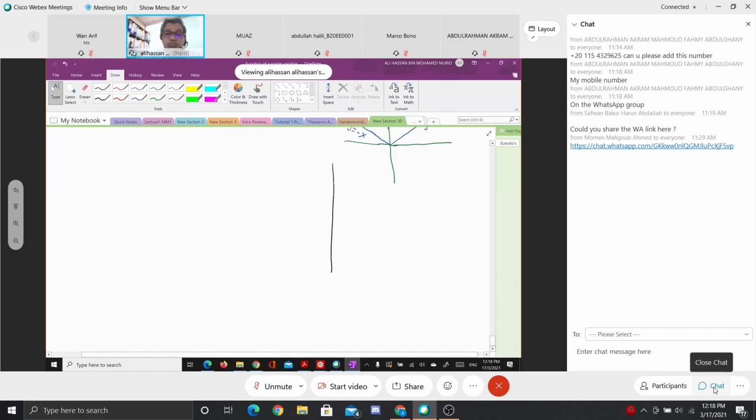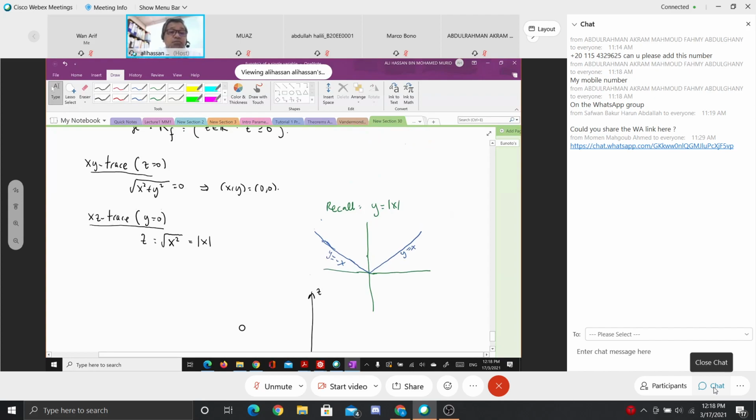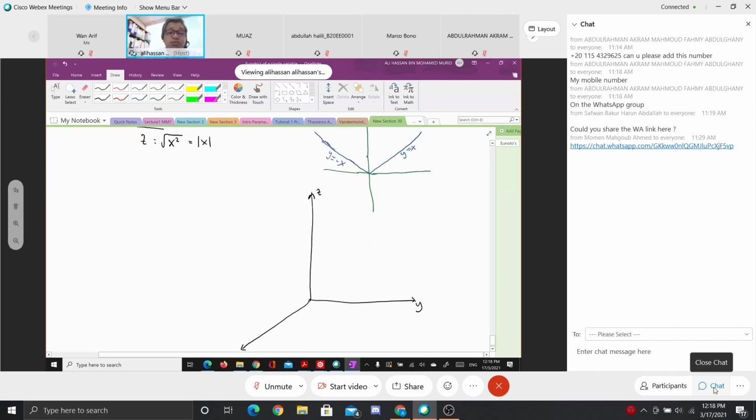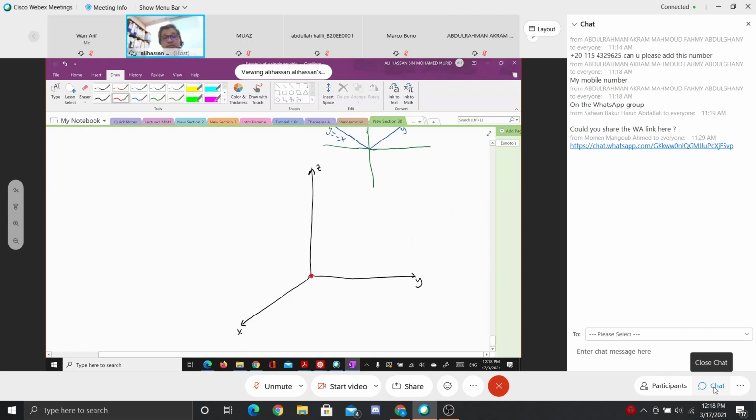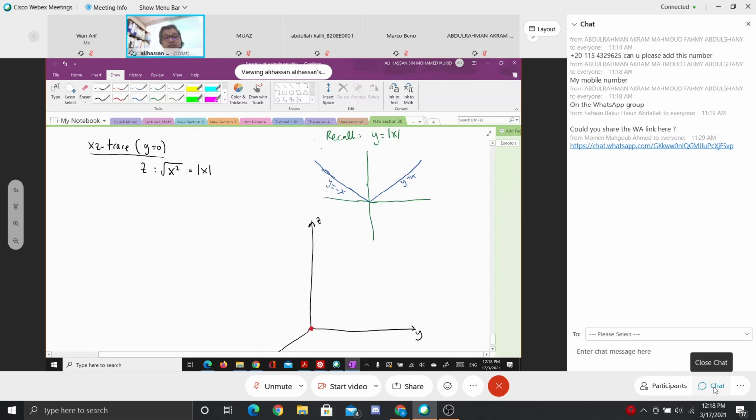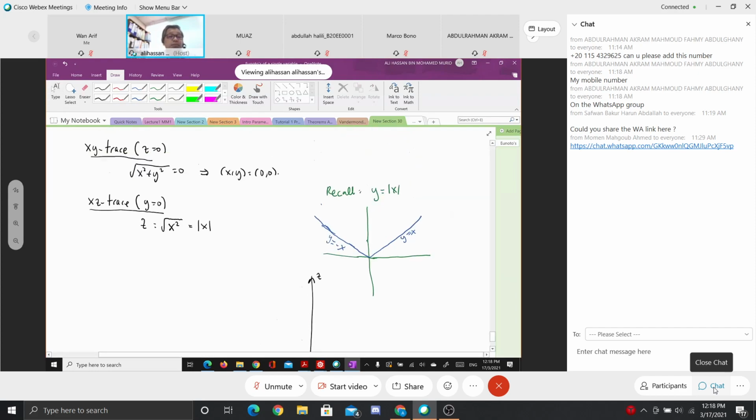Let's start sketching whatever information that we have. X, Y, Z. The xy trace is just a single point, 0, 0. It's just a single point here. That means the surface intersects the xy plane at the origin.